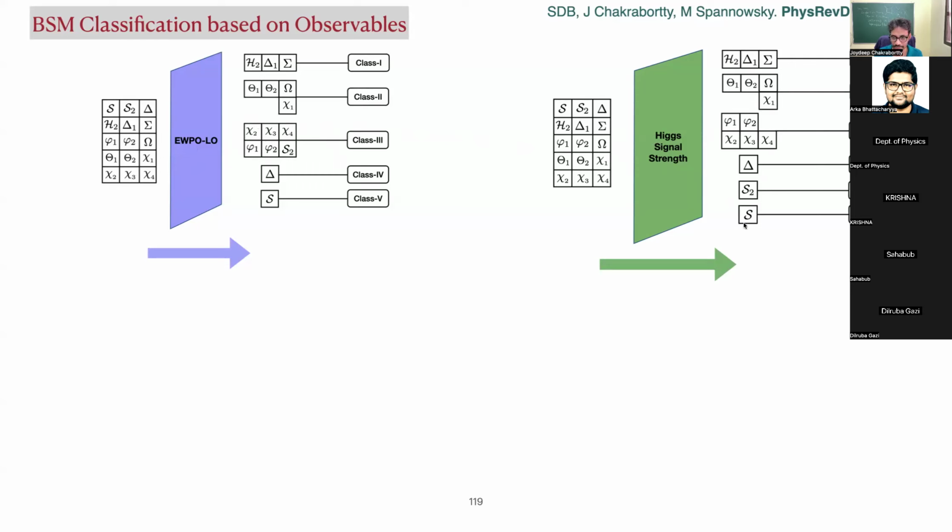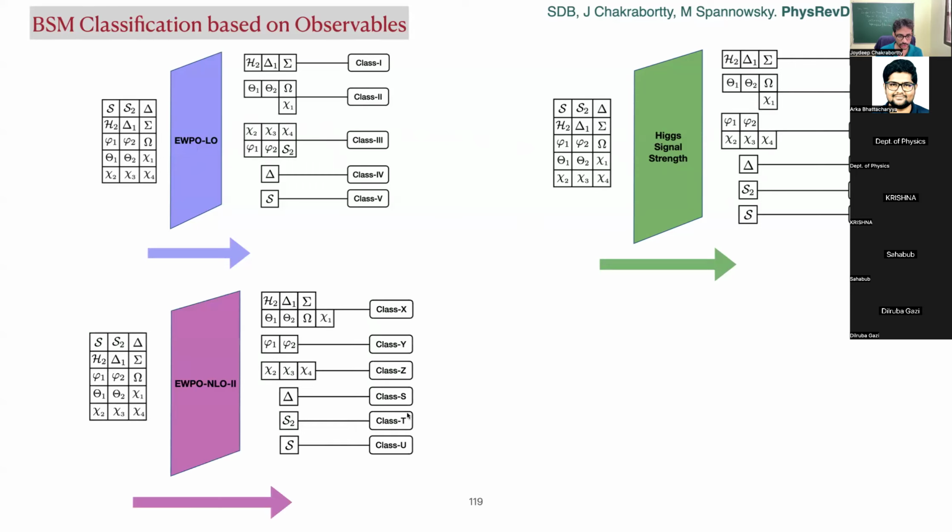Similarly, you can switch, as I told, though it's the same observables, but from the perspective of operators, if you include this as a theoretical observable, then it gives 6 different classes of these 15 models, and you see that this is clubbing more models together.